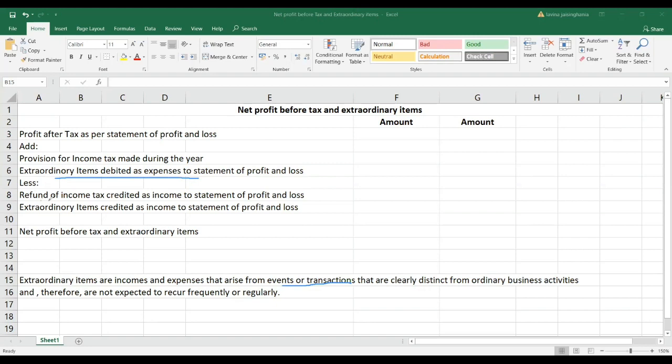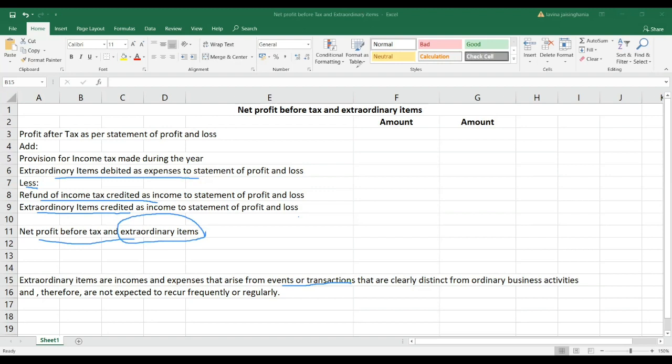And if there is any refund of income tax credited in the income statement, that is to be decreased. That is, you have to subtract extraordinary items credited, that is income credited to the profit and loss statement. Then you will get your net profit before tax and extraordinary items. That means we don't have to give effect of extraordinary items in the cash flow statement.